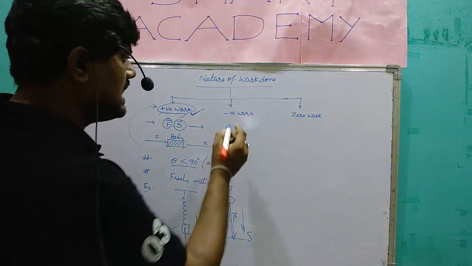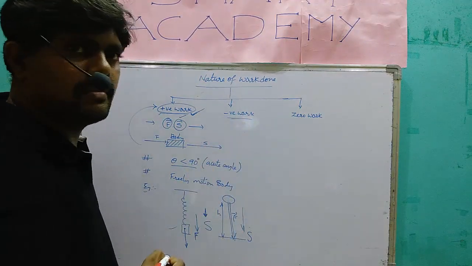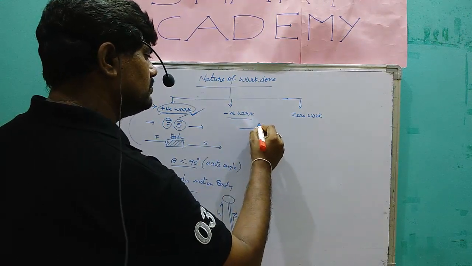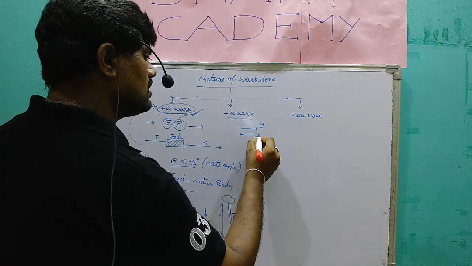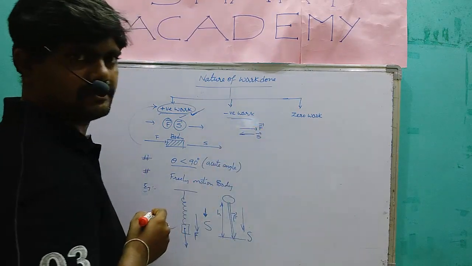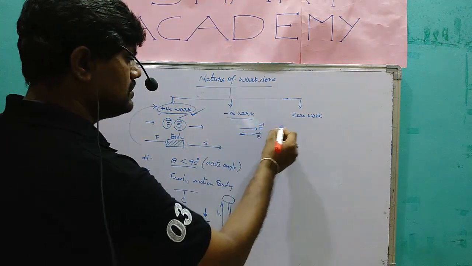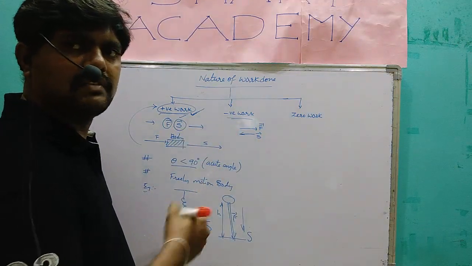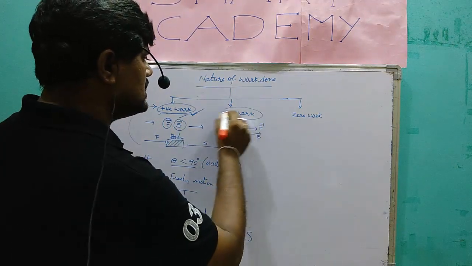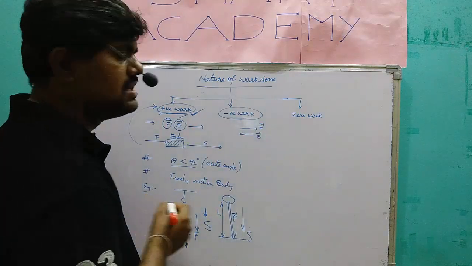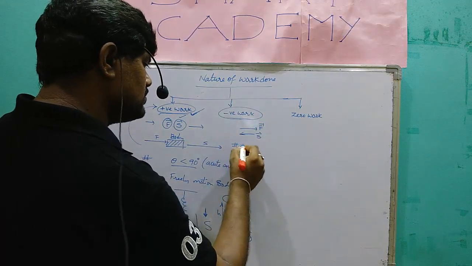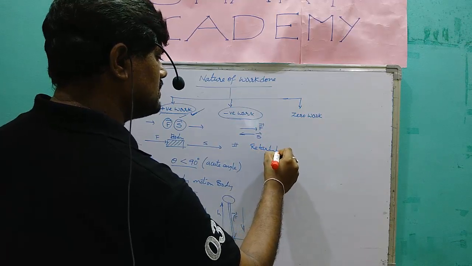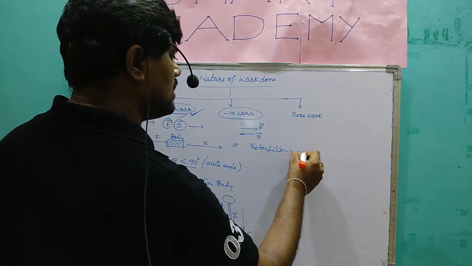Okay, so for negative work, force and displacement are in opposite directions. When we apply a force and the displacement is in the opposite direction, that is negative work. A simple example is the retardation of a car.